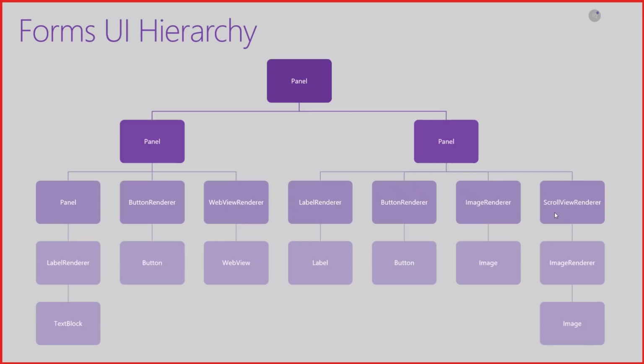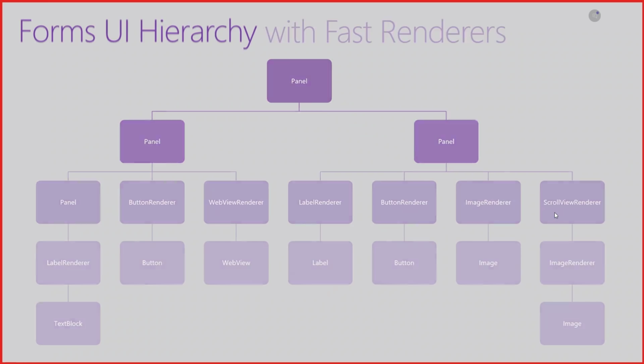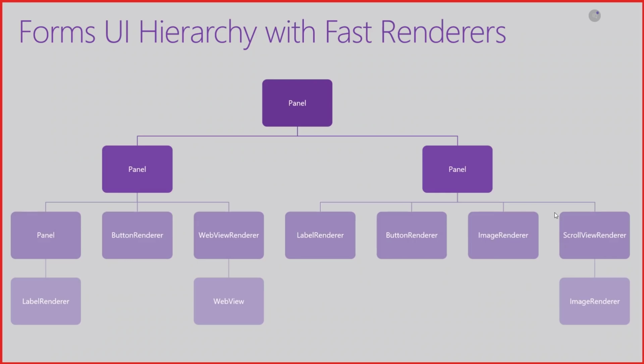And if we look at what this really translates to from a hierarchy standpoint, this is what you would get if you did not use them. And then when you add FastRenderers, you can see that it greatly reduces the number of views that need to be inflated. And some of these didn't make an impact because WebViewRenderer, for example, didn't get the FastRenderer treatment. But in terms of what was the biggest bang for the buck, those are the 3 controls we did.